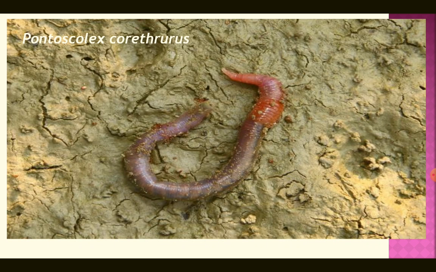This is an endogeic form which makes horizontal and branching kind of burrows with a very pale or light skin pigmentation. Their clitellum is orangish in color. The band or the clitellum is orangish in color, and they have this protruding kind of prostomium. You can see the tip here is a little different. So this is one more variety of earthworm.